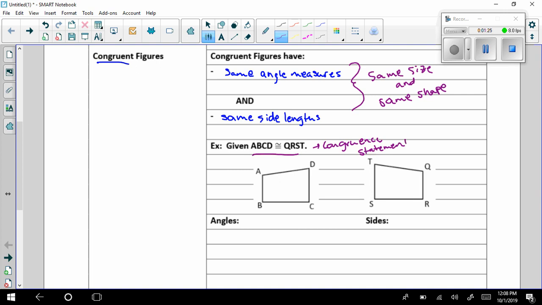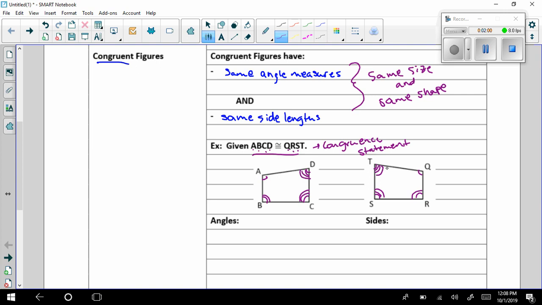And we can learn a lot from the congruent statement because the order of this will matter. A congruent statement tells us like A and Q, this angle and this angle are congruent. B and R, so B is congruent to angle R. C is congruent to angle S. And then D is congruent to angle T. So notice I add an arc each time.